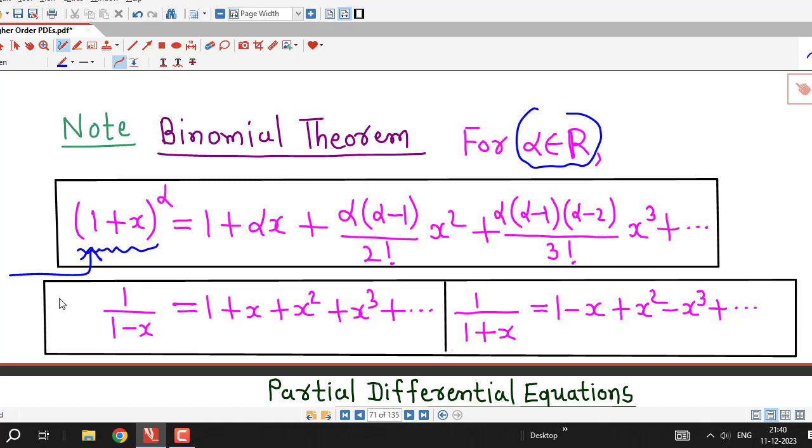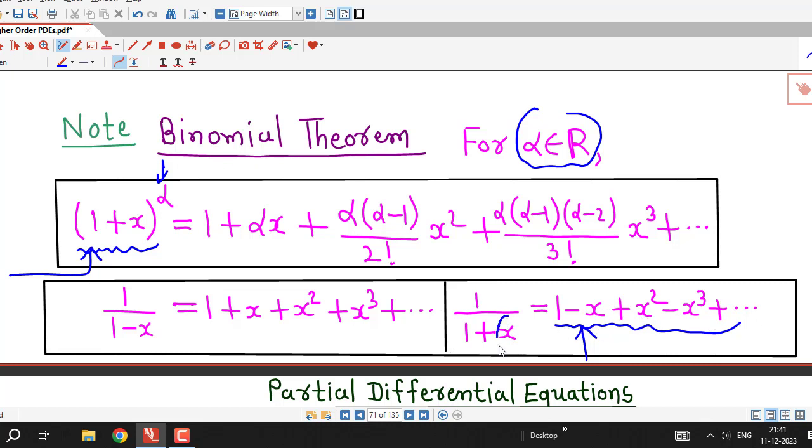And if we take alpha equal to minus 1 in this formula, we will obtain 1 over 1 plus x, and on the right hand side we will obtain this series. So whenever we have 1 over 1 plus x, we can directly use this formula. It is an alternating series in increasing powers of x: 1 minus x plus x square minus x cube.